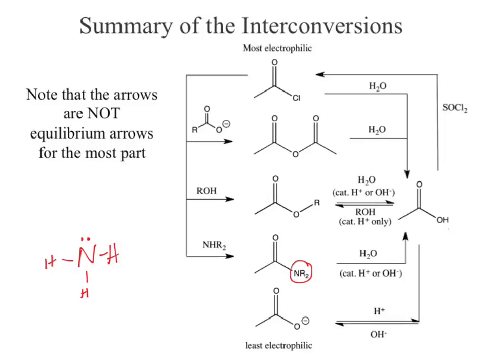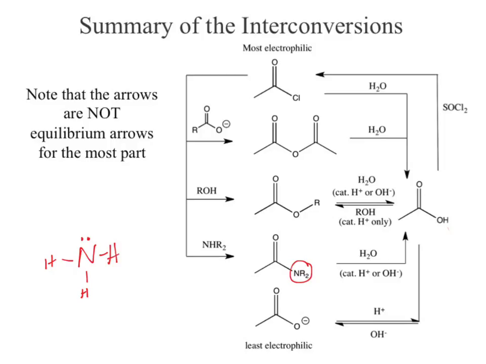What nitrogen nucleophile is this? Ammonia. What's the issue if we try to use ammonia with carboxylic acid to generate the amide? Nitrogens are bases as well as nucleophiles. So I can't go from the acid to the amide because I do the acid-base reaction instead. Okay? And then I'm again back to the carboxylate.